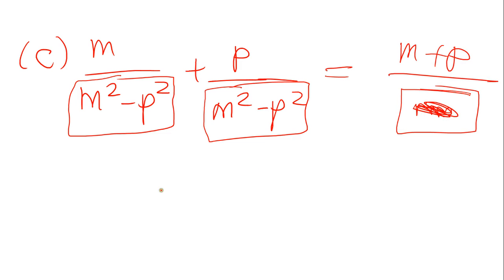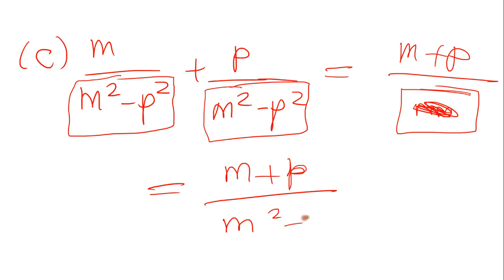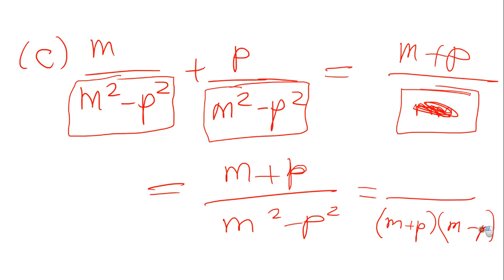In this case, it was m plus p, that's a p, over m squared minus p squared. Now, if we look at this denominator, we can see that it's a difference of two squares. So I can rewrite the denominator as m plus p and m minus p.